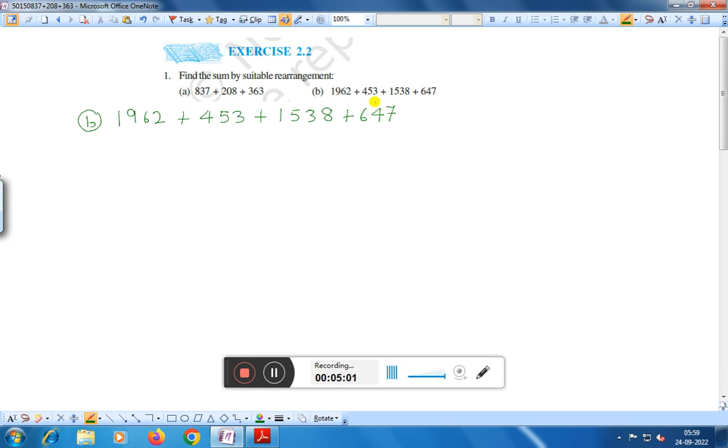units place or tens place may be 0, right? How to add? You have to add this number with this number, and we have to add this number with this number such that at the units place or tens place we are getting 0, right?